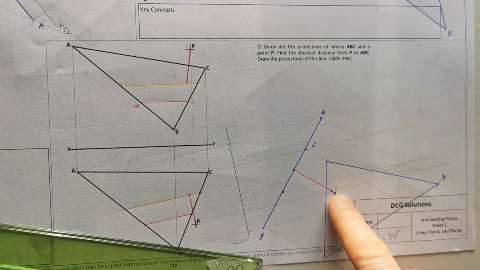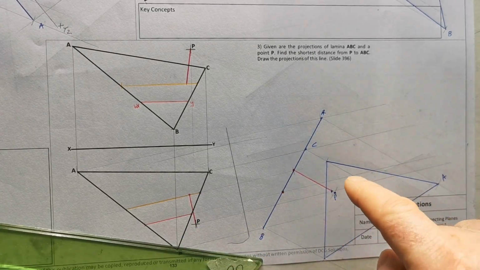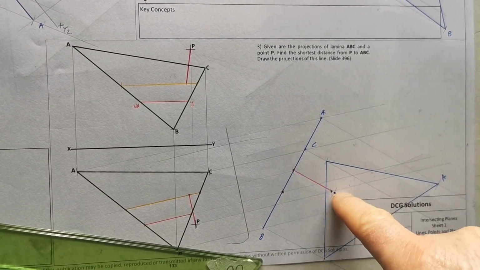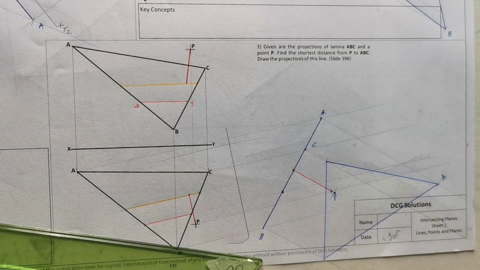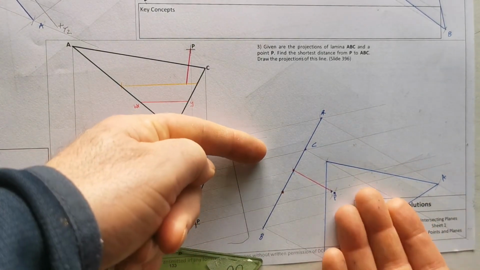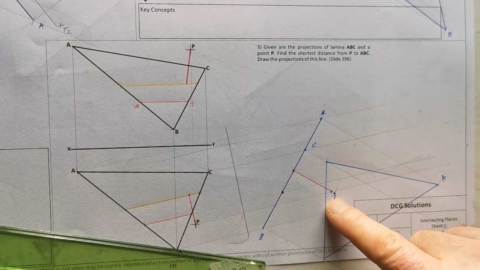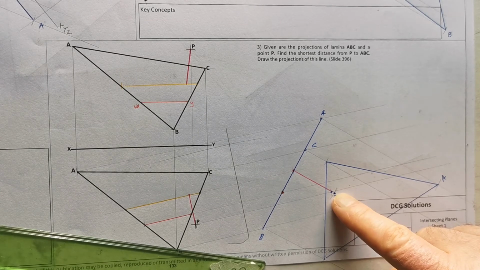So I'm now seeing P in line with the true shape of this, so it's just either straight below it or straight above it, depending on which side. In this case, P is actually on the far side as I look at it, so I'm kind of projecting back up towards myself. Now, how would you bring that information from there back to here?